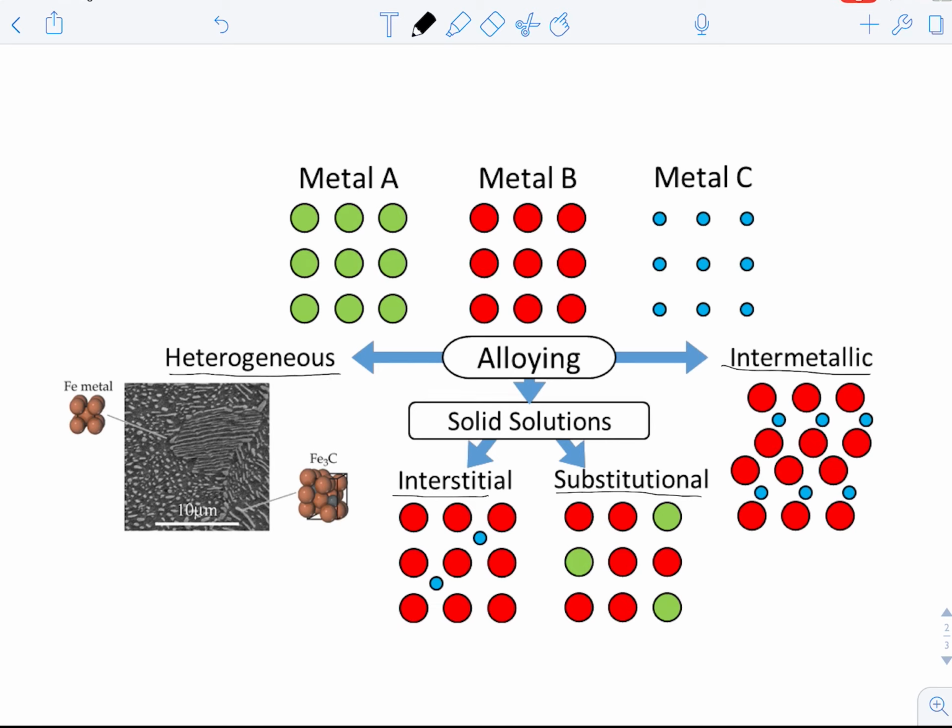Or we can get a heterogeneous alloy, where we have areas within there that are one phase, and then areas that are a different phase or different substance. So not quite a solid solution because it's not homogeneous, right? It's heterogeneous.